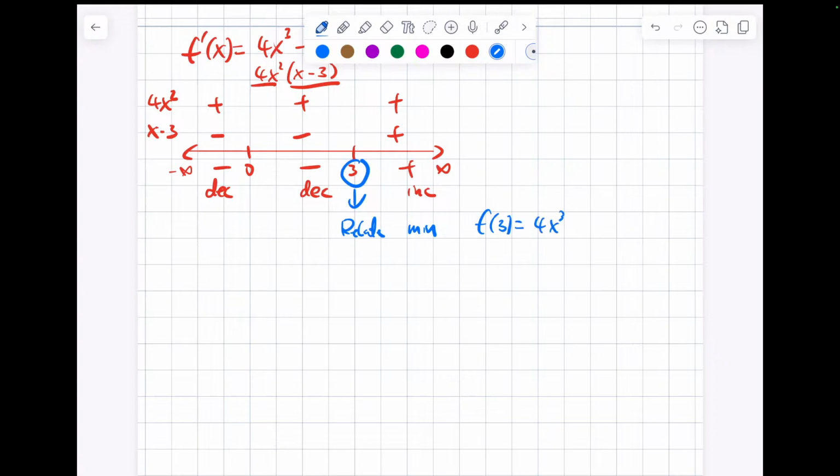It's x to the 4th minus 4x cubed, right? So it'll be 3 to the 4th minus 4 times 3 cubed. So that's 81 minus what? 108. So it's negative 27. So (3, negative 27) is going to be your relative min.